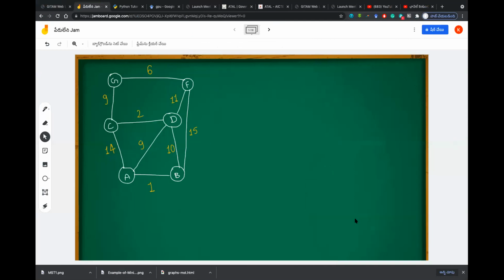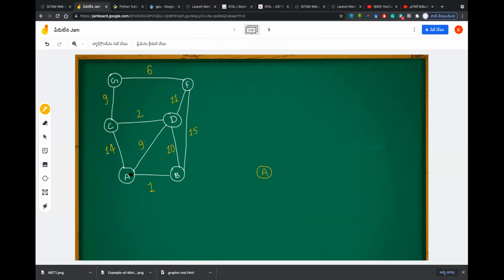Okay. You see here. We are visiting this node, right? So I will say I am visiting this A as a node, and I am having a connection.